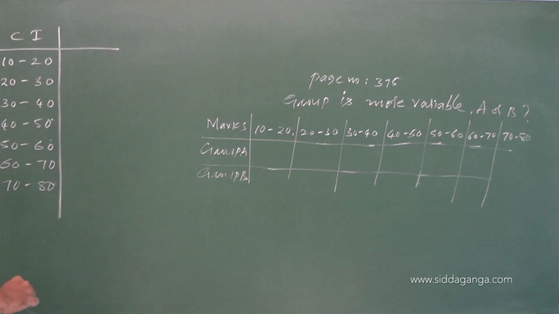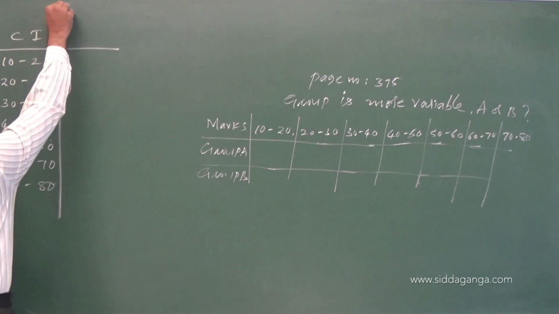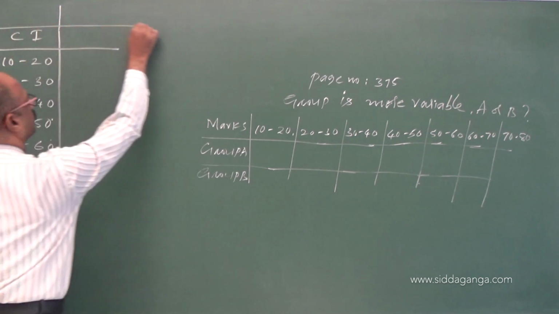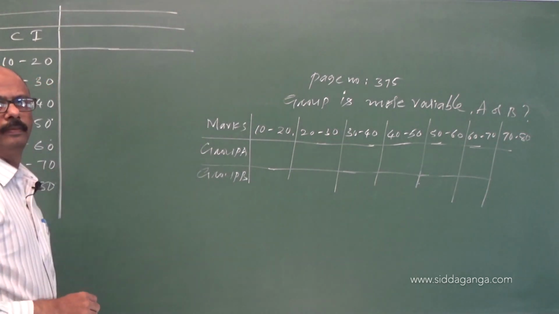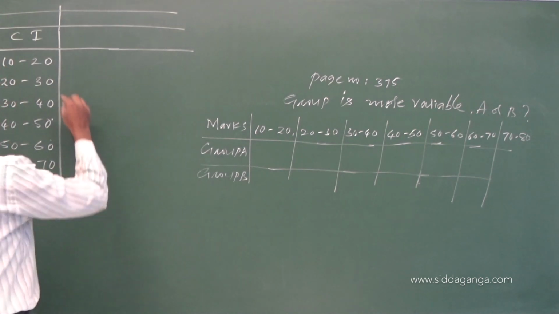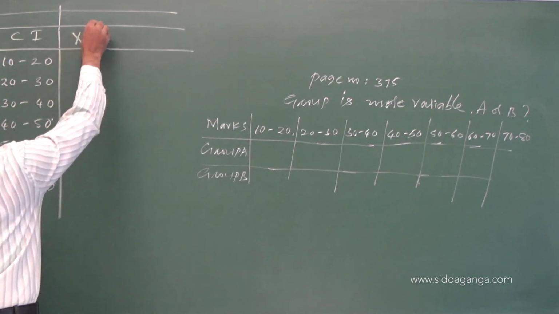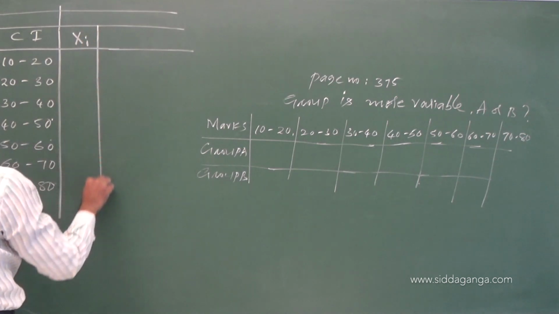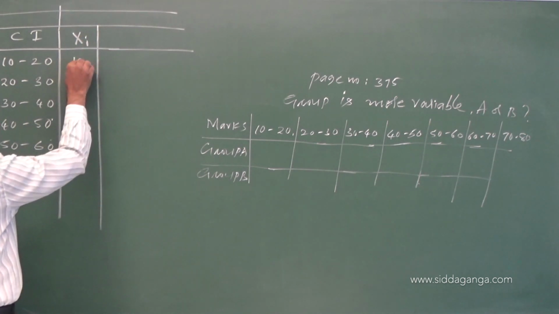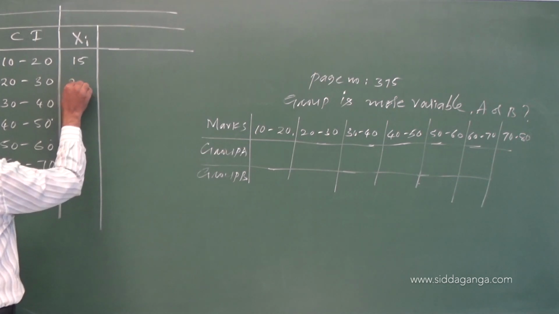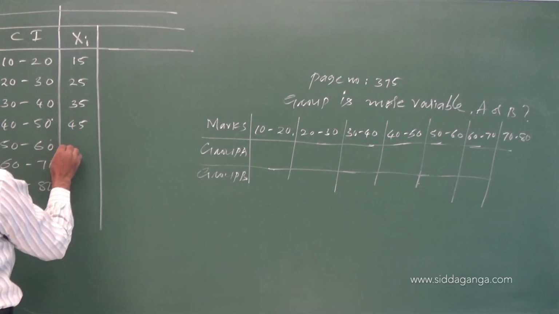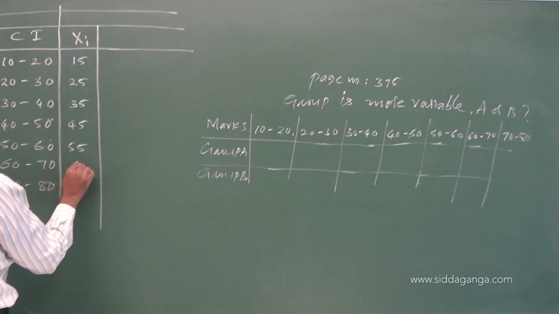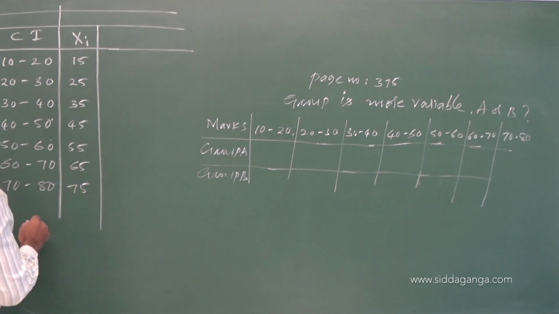This is class interval. We'll go for midpoints, that is xi. Xi, here you will get 15, and next 25, next 35, 45, 55, 65, and 75, like this. This is xi.